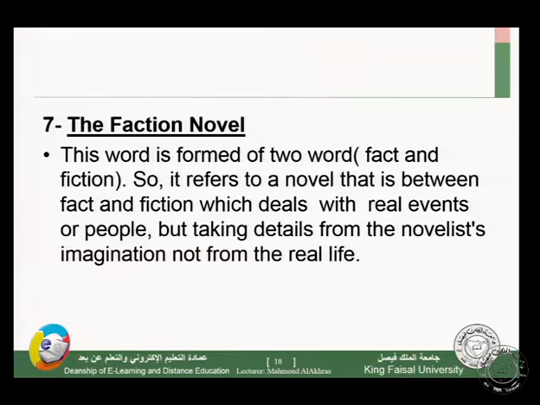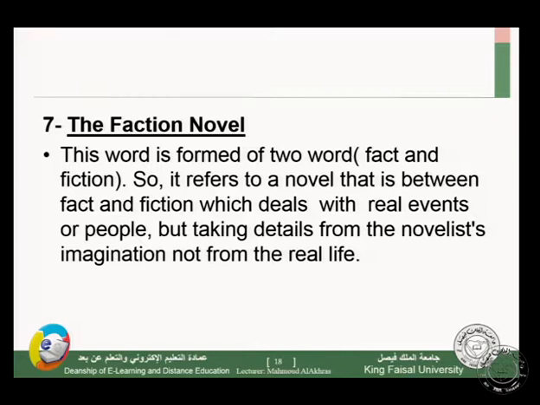7, we have faction novel. What's the meaning of faction? It's not fiction, faction. We can see this word is formed of two words: fact and fiction. So we have a coinage of fact and fiction.